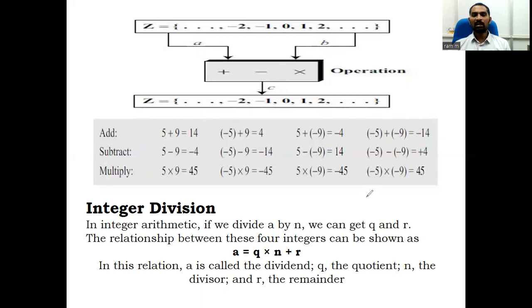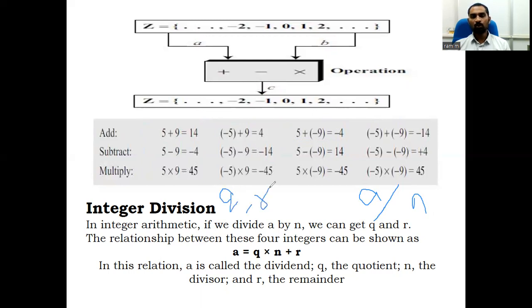Now consider that you have two values, a and n. If you apply a division operation between a and n, then we will get two outputs, q and r.